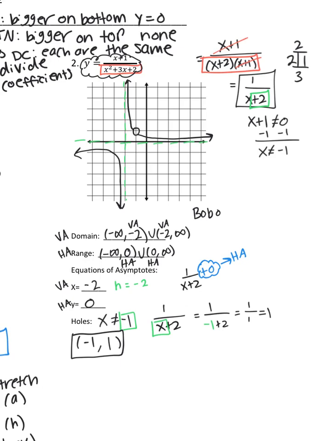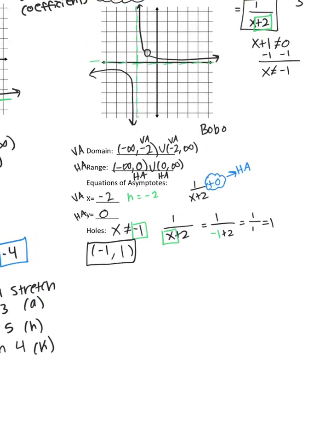Okay, transformations on this one. I know that there is a 1 on the numerator, so you're looking at this function for transformations. The 1 on the numerator does not tell you that you have a vertical stretch or a vertical shrink or anything like that, because your parent function is 1 over x, and that has no transformations applied to it.